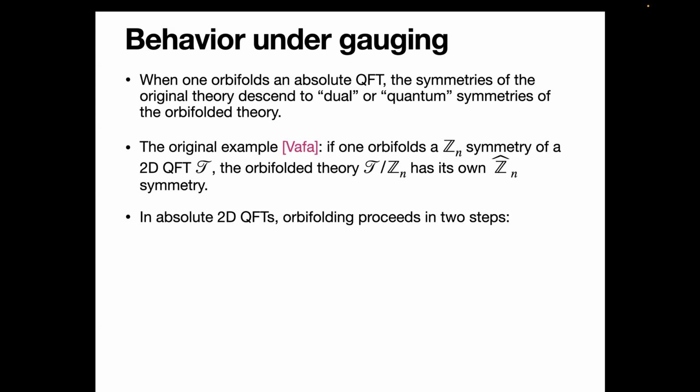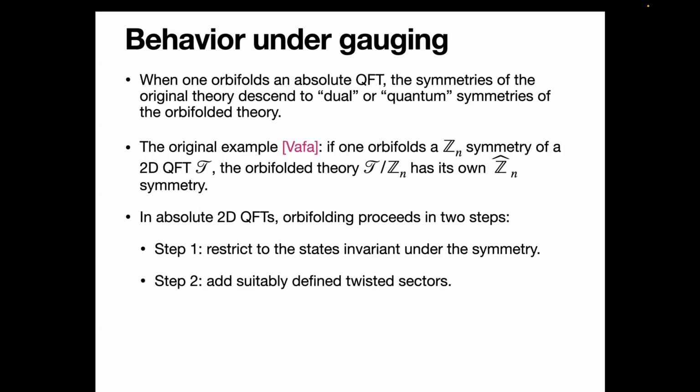To understand what our notions of gauging are in this relative setting, let's remember what the orbifold procedure looks like in the absolute setting. There are two steps. In the first step, you pick your symmetry and you restrict to the states that are invariant under the symmetry.